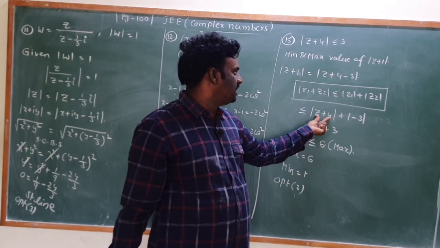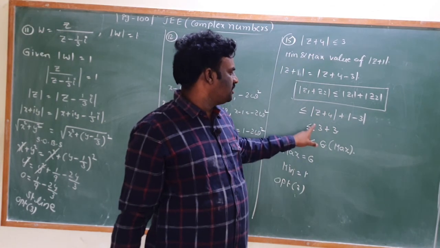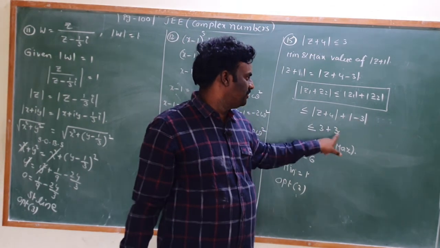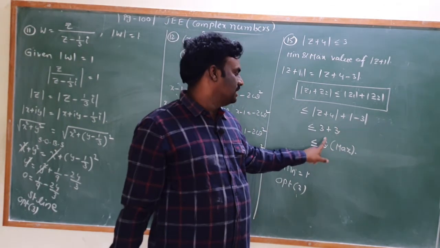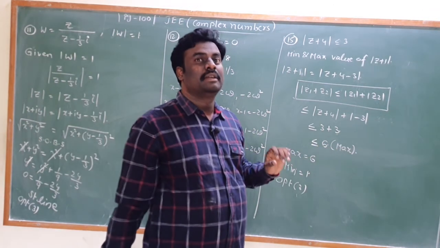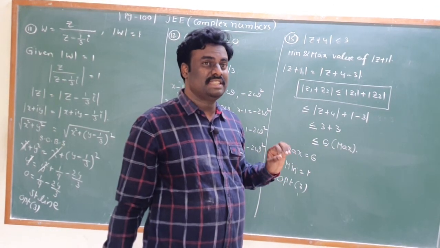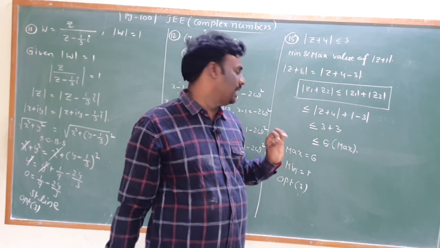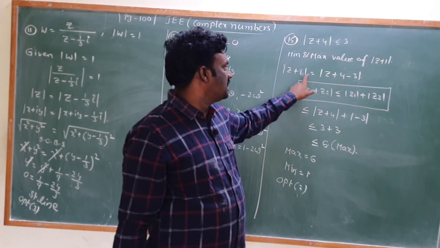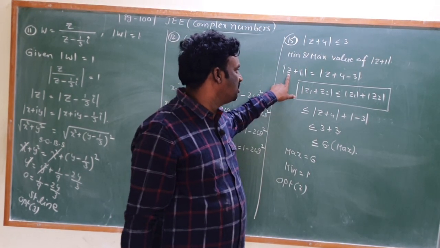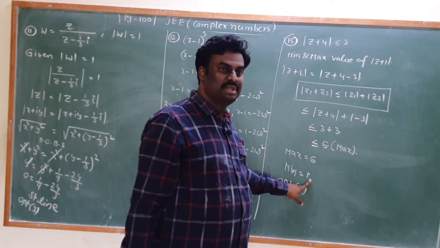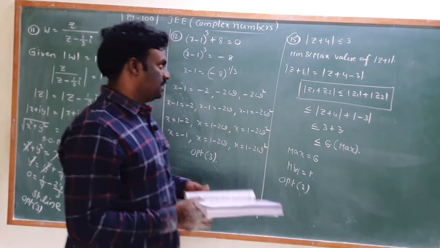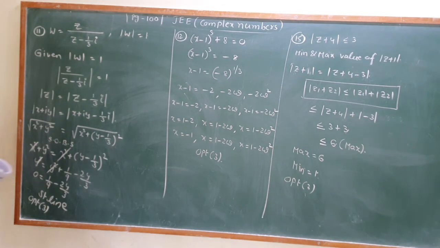Therefore, less than or equal to 3 plus mod of negative 3, 3 plus 3 is 6. Then 6 is the maximum. And the minimum value of z plus 1 will be this: if you take this as 0, 0 plus 1, 1 is the minimum value. Therefore, option 3 is the correct answer for this question.